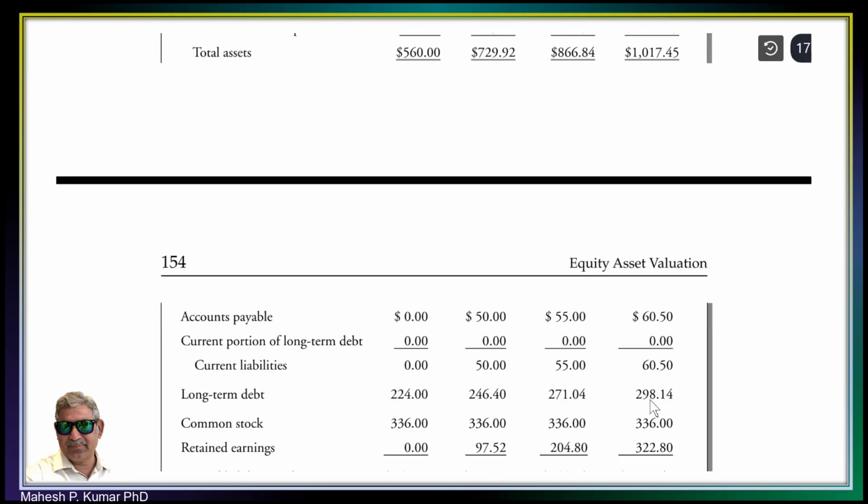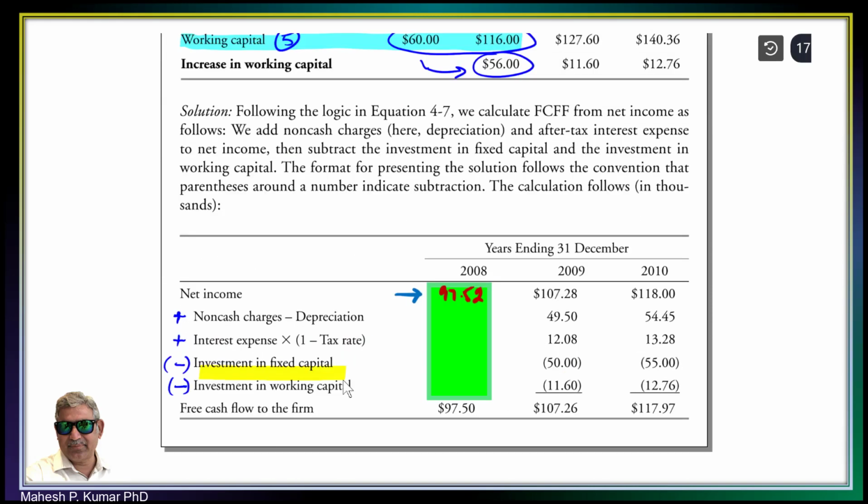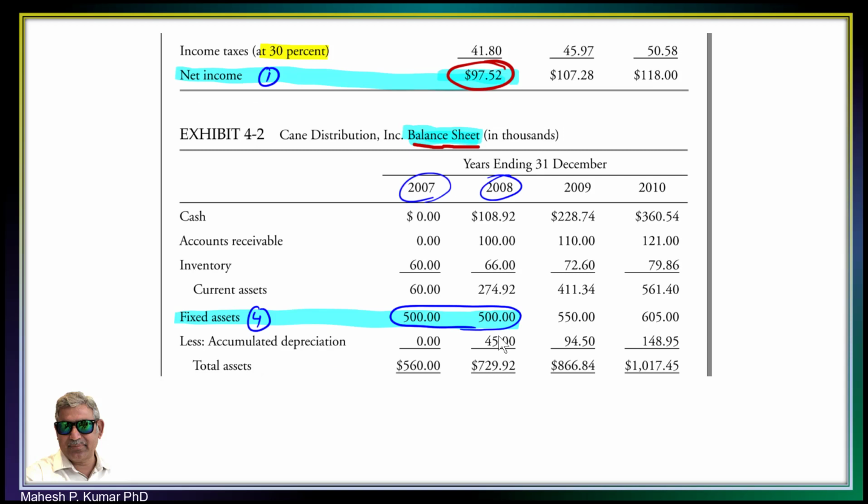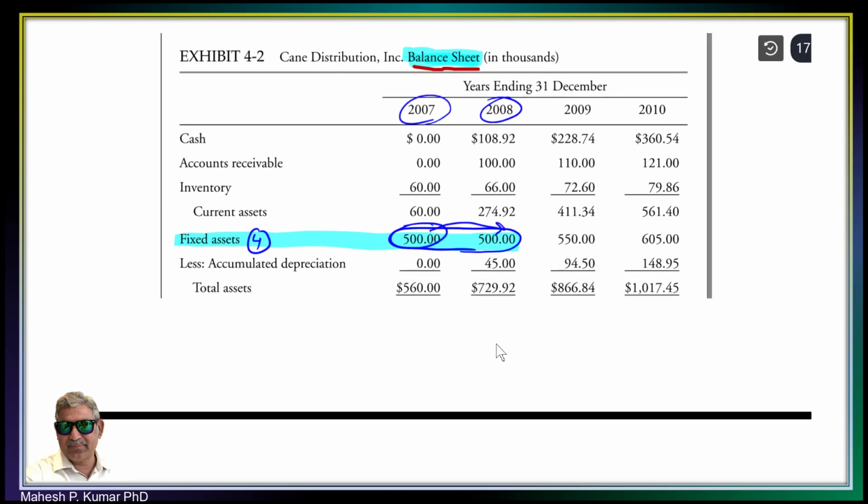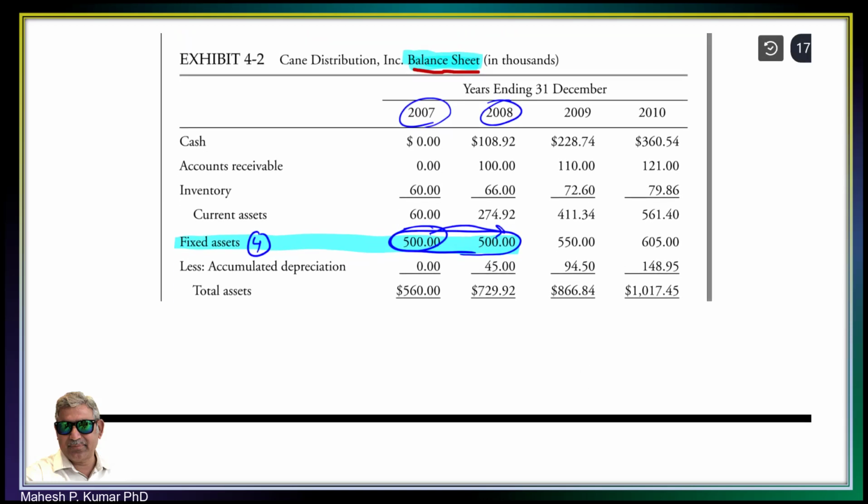And then in this formula we need the fourth piece of information, which is investment in fixed capital. In the balance sheet we should see that over the 2 years under consideration there is no additional investment in fixed assets, so the change in fixed assets is 0, no investment has been made, so this number would be 0. We will store 0 in the fourth memory slot.